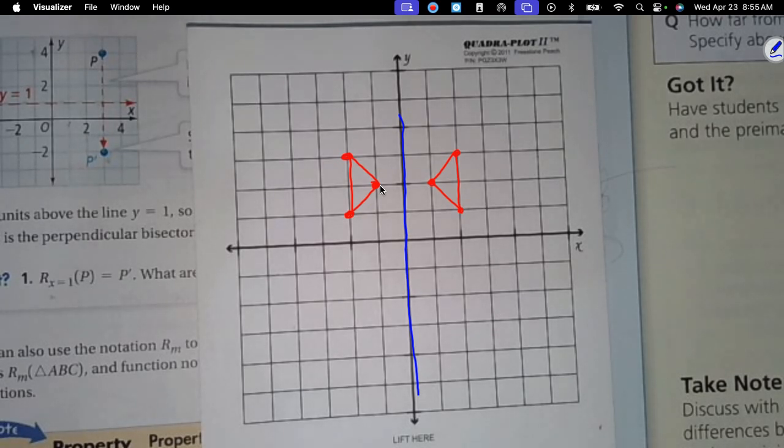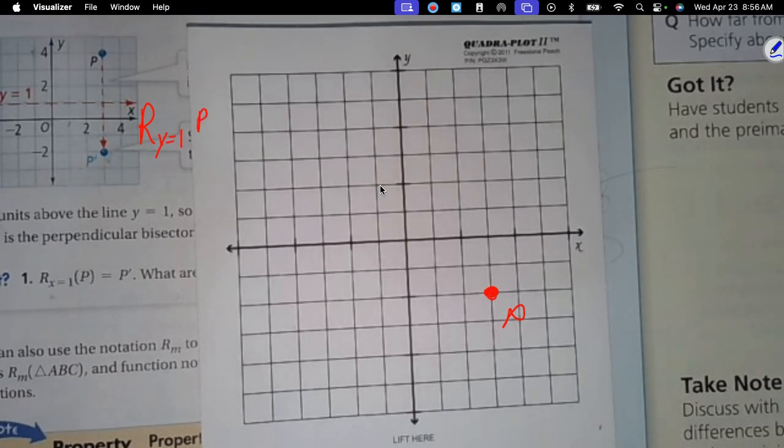Yes. Okay. Now, let me draw our problem. Our problem is at point (3, -2). Over 1, 2, 3, and down 2. Here's point P. Everybody sees point P? We want to make a new point P prime, and they want us to reflect it across the line y equals 1.